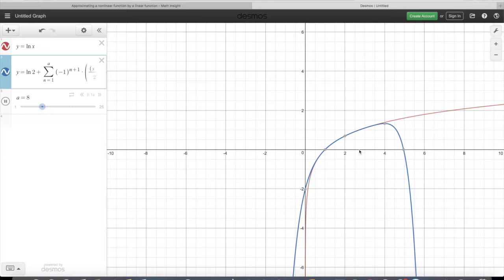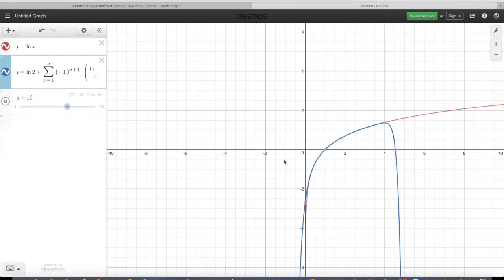So the higher a goes, the more sums within the Taylor polynomial, the closer the approximation to the actual function. And this can be perfectly seen through Desmos, and it's basically the most crucial part about Taylor polynomials.